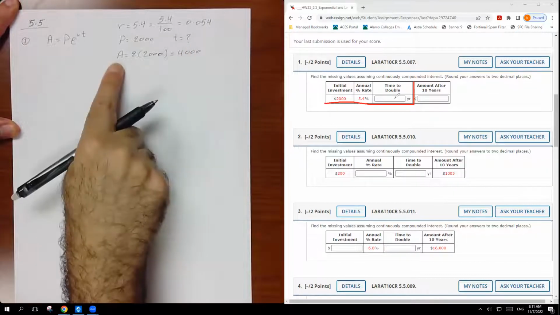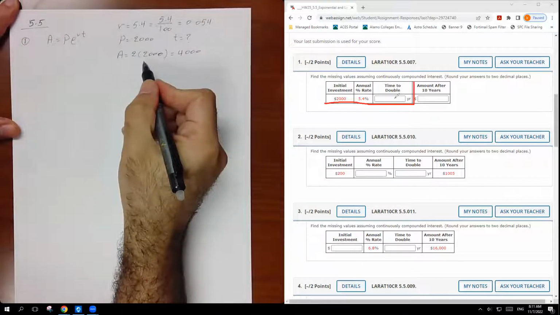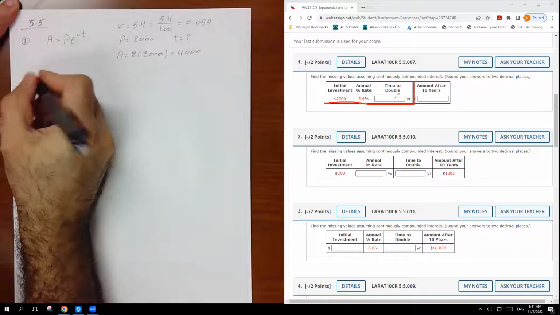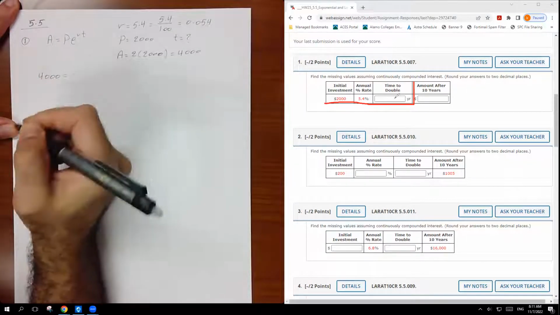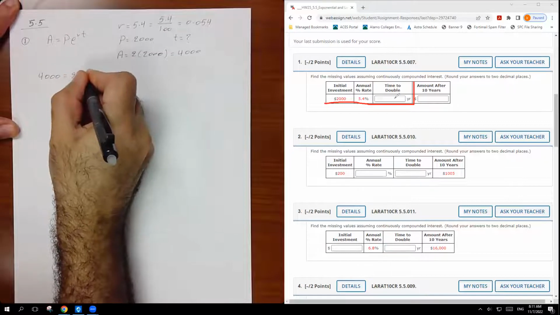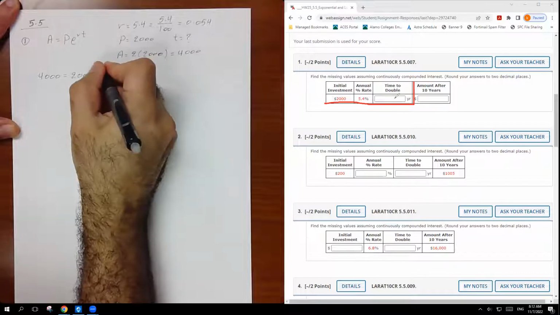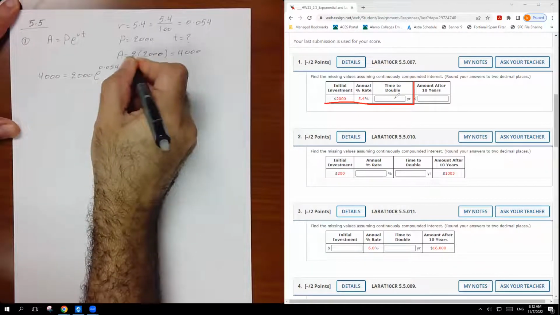So now I have the future because they're telling you we need to find the time to double. That means double the invest. That means our future amount is going to be 4,000 equal. The invest is 2,000, e, the rate is 0.054 and times t.